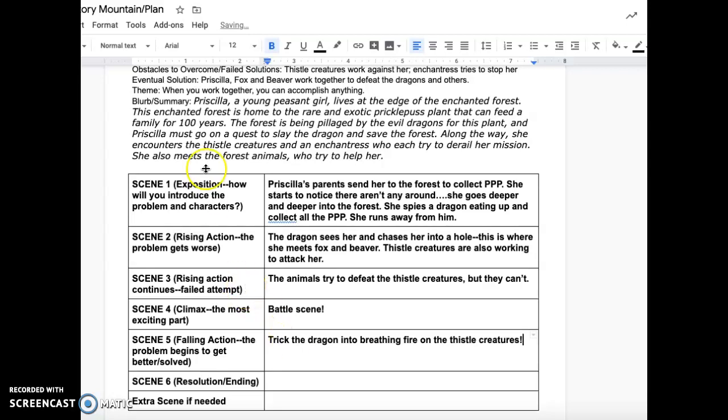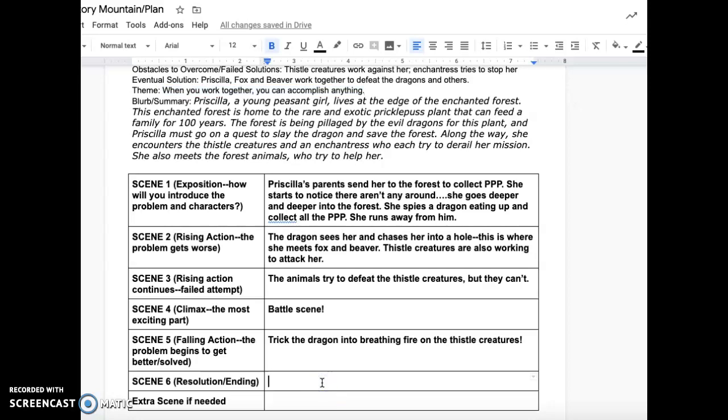Because again, I want my theme to come through. Please remember that you're trying to get a theme across, and in this case, my theme of when you work together, you can accomplish anything. So I want them to work together and trick the dragon, and then I'm going to have some sort of resolution.